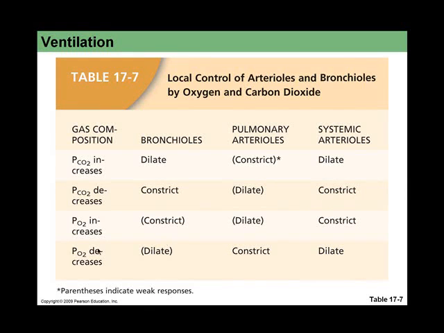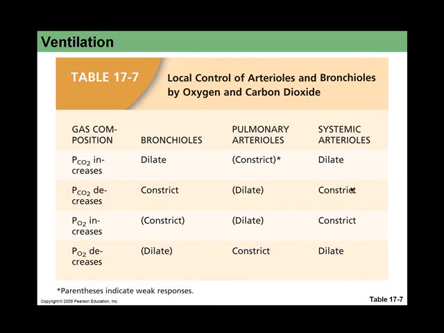When the PO2 decreases, you're going to get pulmonary artery constriction and a dilation of the systemic arterioles. So you're going to dilate when you need more oxygen delivered and you need to wash away the carbon dioxide.